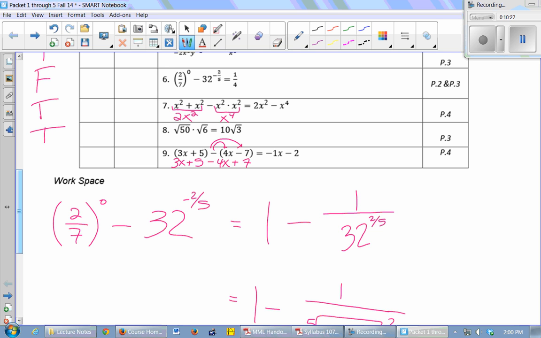So you have to distribute the negative sign, and then combine like terms. 3x minus 4x is negative 1x. And 5 plus 7 is 12. So this is actually negative 1x plus 12. So this is false. So you had to distribute that negative sign to get that one.